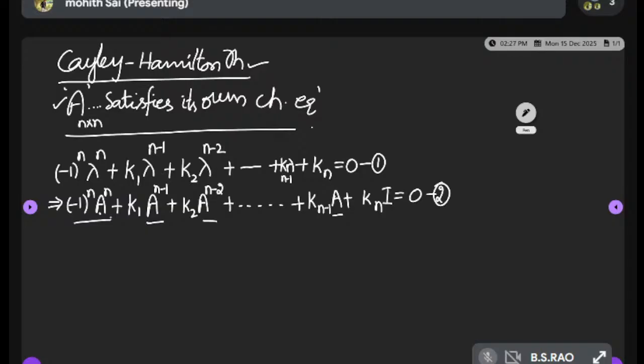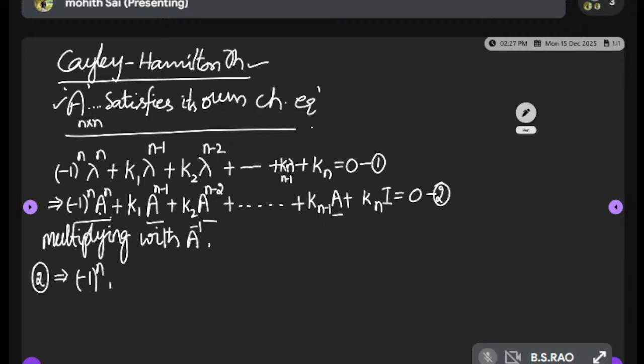On multiplying throughout with A inverse, equation 2 implies, what's happening? Multiply equation 2 by A inverse.